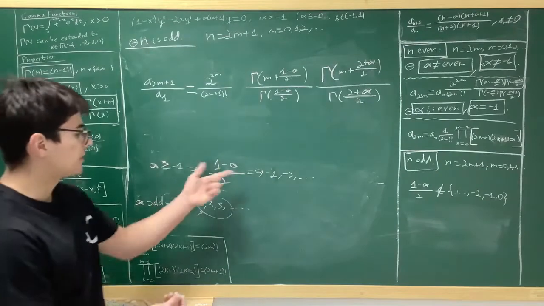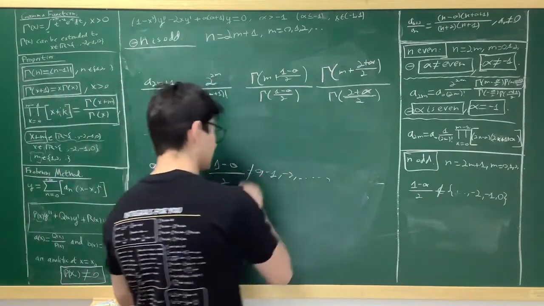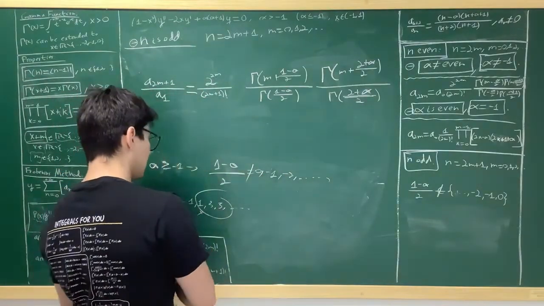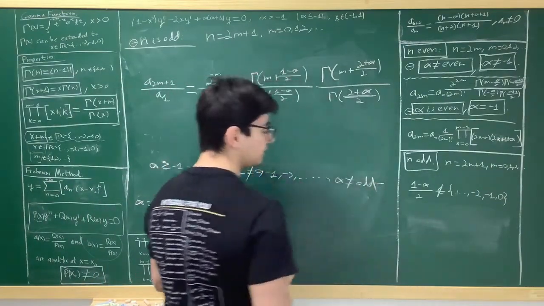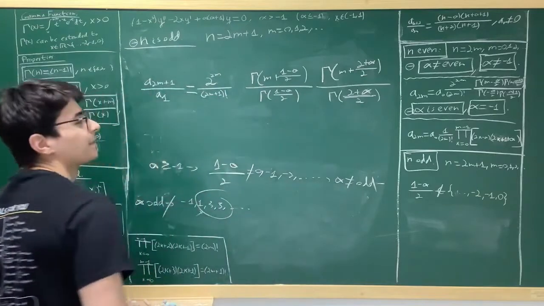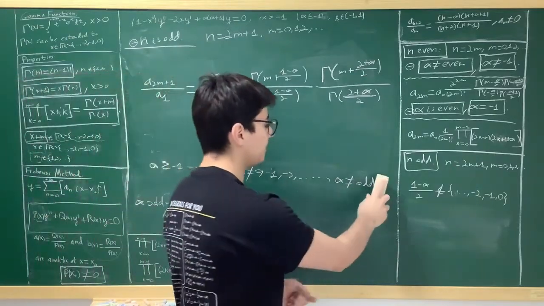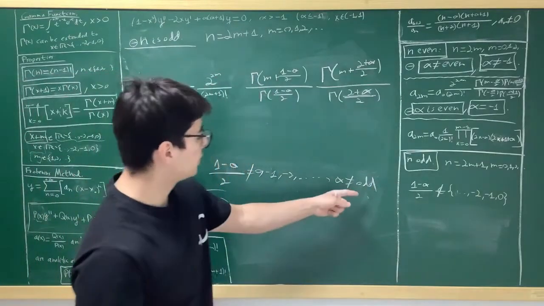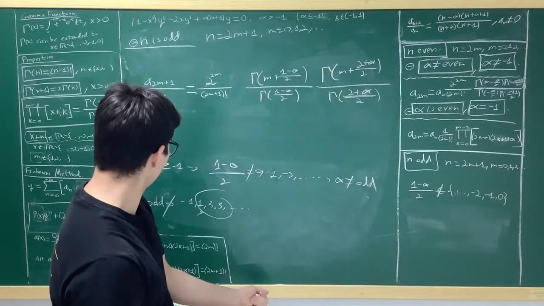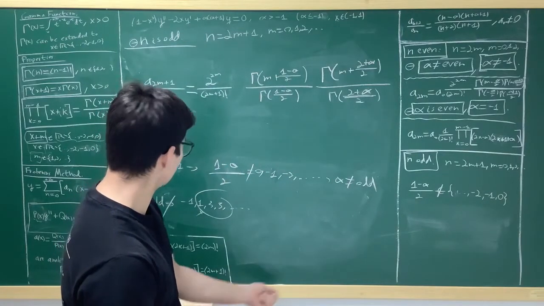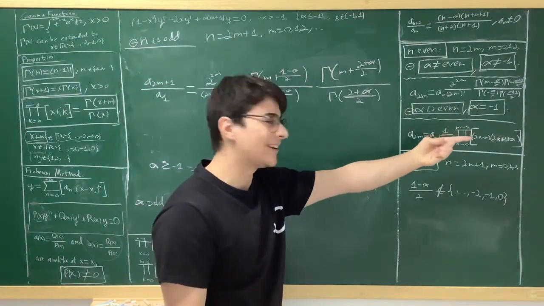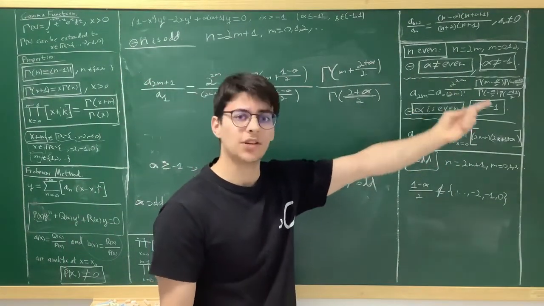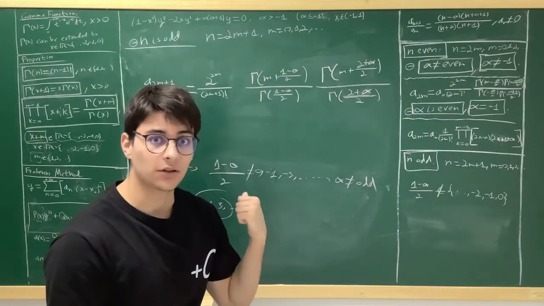What does this mean then? Well, if we want this to not hold, we need that alpha is not odd. So notice that this is analogous to this one, but the opposite, right? Here we need that alpha is not even, and here we need that alpha is not odd.